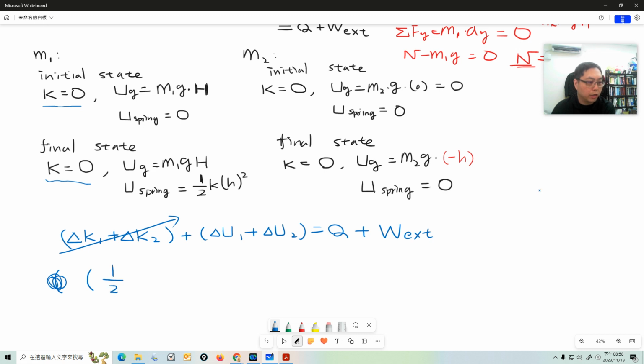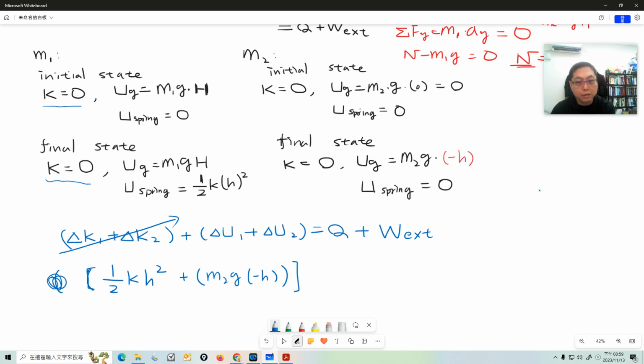For object 2, the gravitational potential energy is m2g times minus h minus 0, so minus m2gh. The spring potential energy is 0 minus 0, also 0.